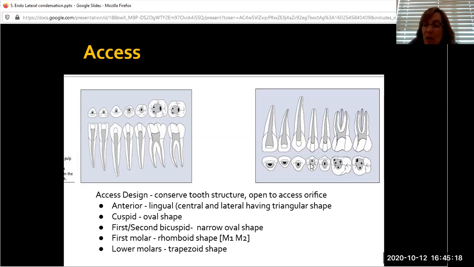When you go into the bicuspid, the upper first bicuspid may or may not have two canals. If it does have two roots, obviously it has two canals. And if it has only one root, it only has one canal. But sometimes you have two canals that actually merge into one.